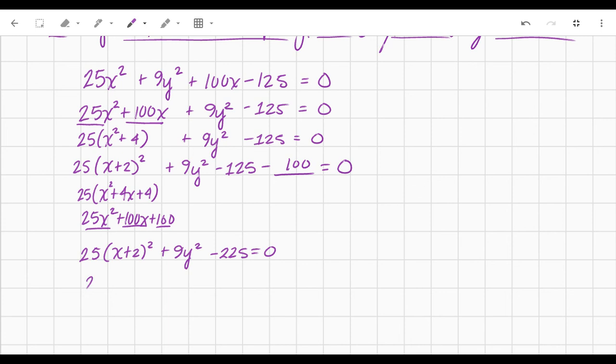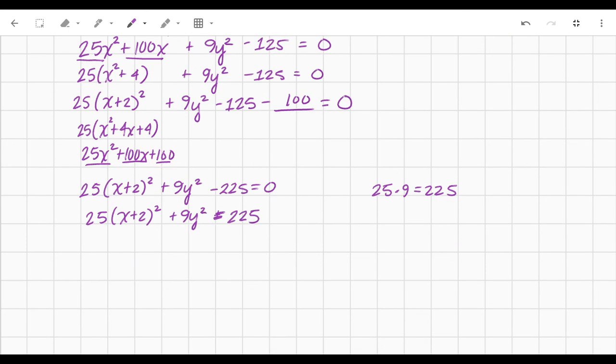And we're going to get that 225 to the other side. And again, they're going to make it easy for you here. We want to divide everything by 225. 25 times 9 is 225.